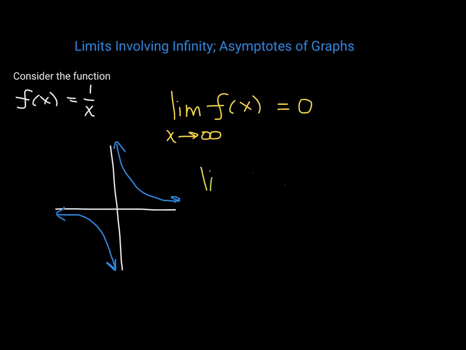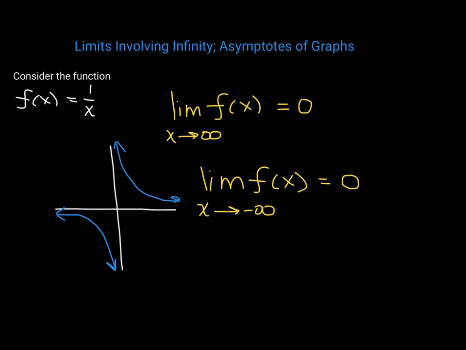Also, notice that the limit of our function as x values approach negative infinity. So now I'm over here as x values tend toward negative infinity. Your function values are approaching the x-axis and getting infinitely close to 0.